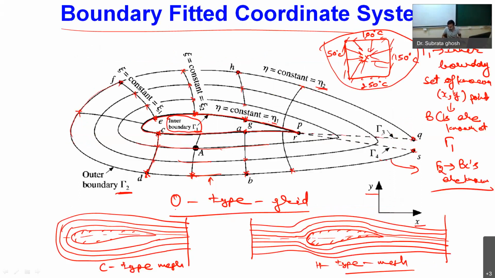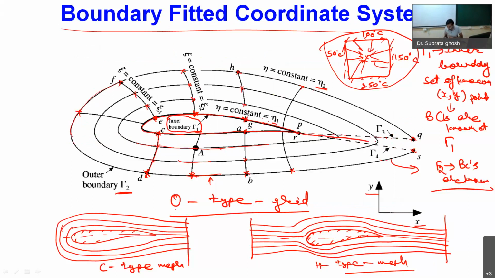I have represented the difference between gamma 3 and gamma 4 with different lines only to give you the idea of how we are creating this boundary. But in actual practice, we will not make any physical cut over here.